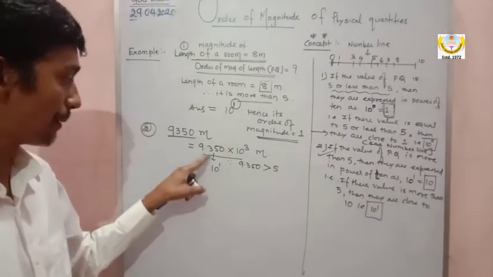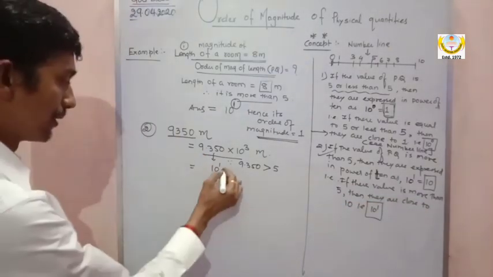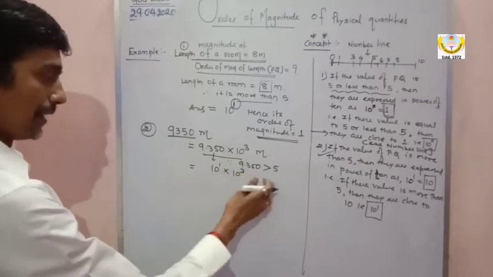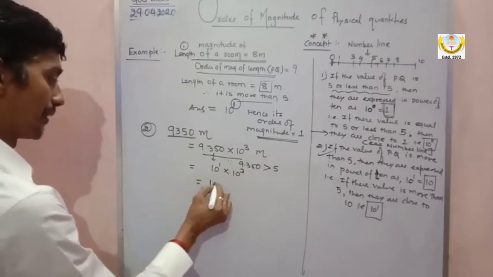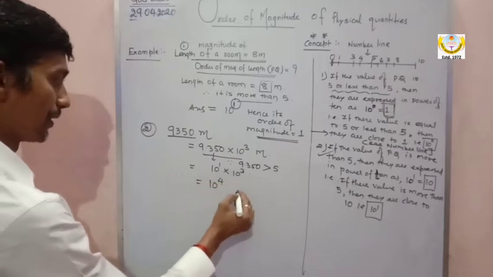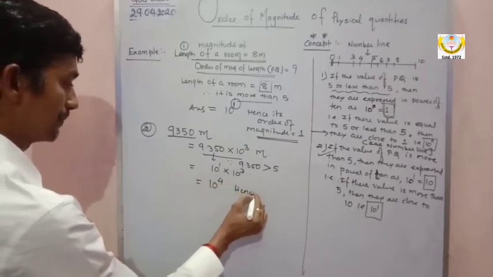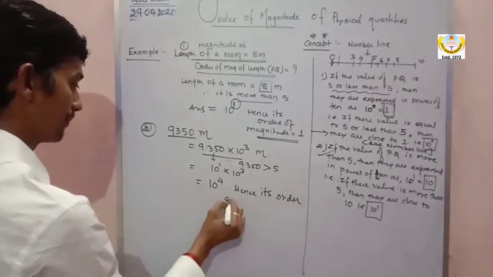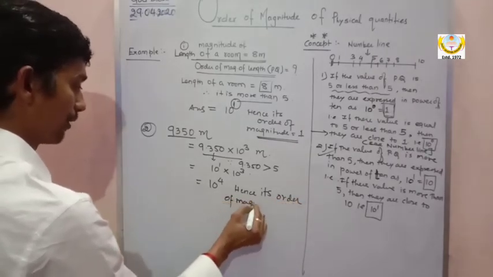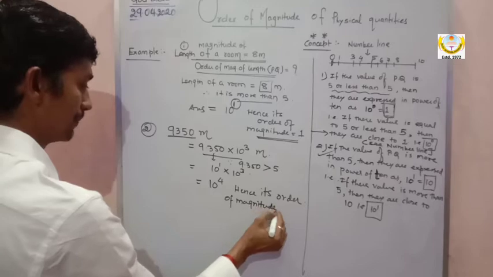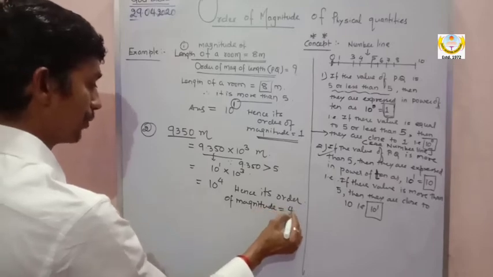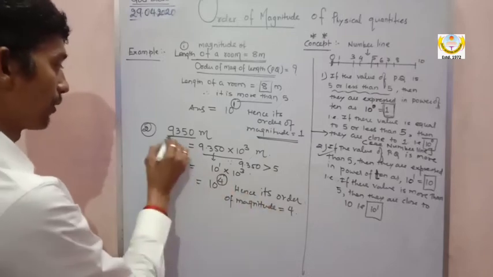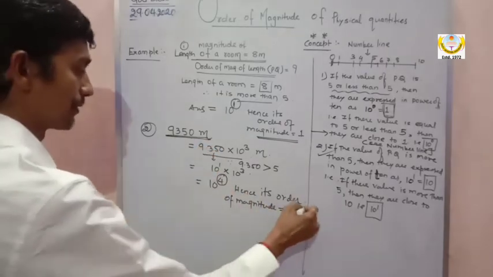So here it is 10 power 1 into 10 power 3. I hope it is clear. So the value becomes 10 power 4. Therefore, its order of magnitude is 4. For this number, the order of magnitude is 4.